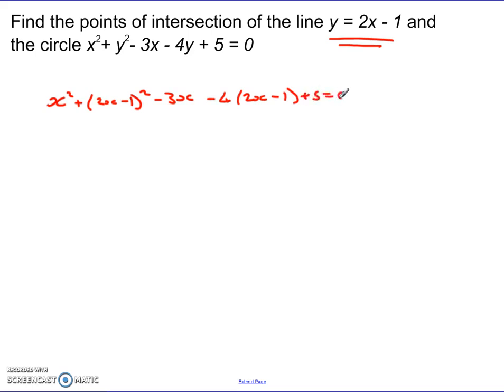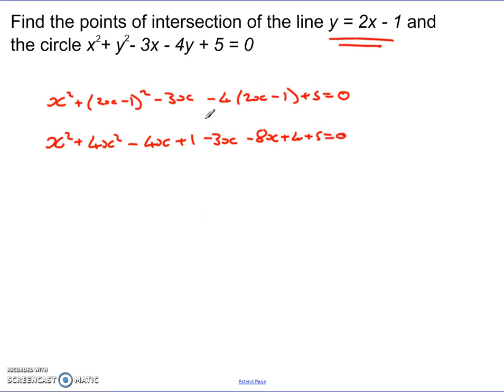plus 5 equals 0. So now that I've got this, I can multiply out the brackets and get it in the quadratic form that I want. So I've got x squared here, multiply this bracket out, I get plus 4x squared minus 4x plus 1, take away 3x, minus 8x, plus 4, plus 5 equal to 0.